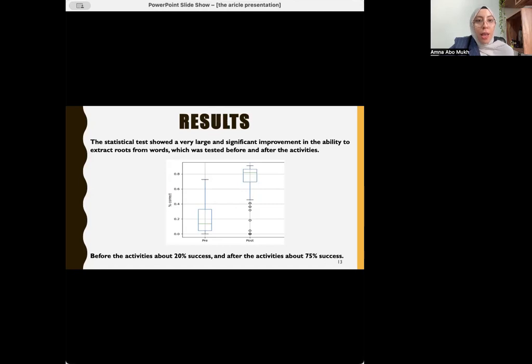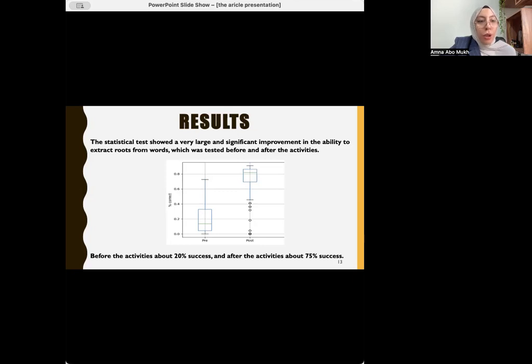The pre-test was made prior to the experiment, in which I took each one of the participants and asked them about 20 words about Arabic roots, from first and second graders. According to the syllabus of teaching Arabic, second graders by the end of the year must know how to extract roots from words.